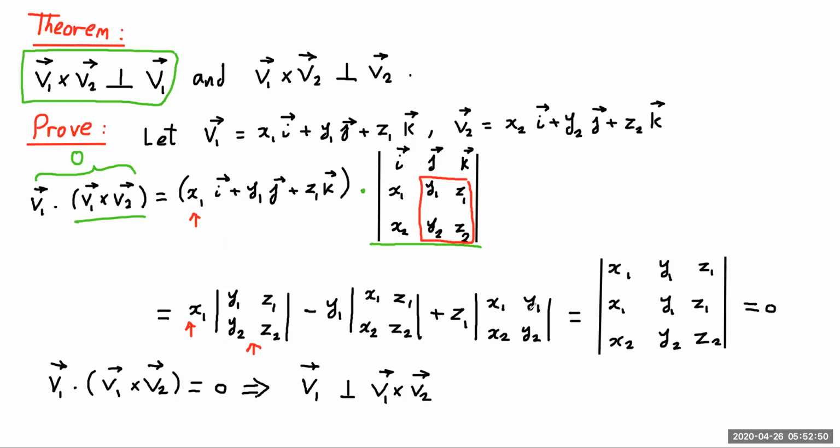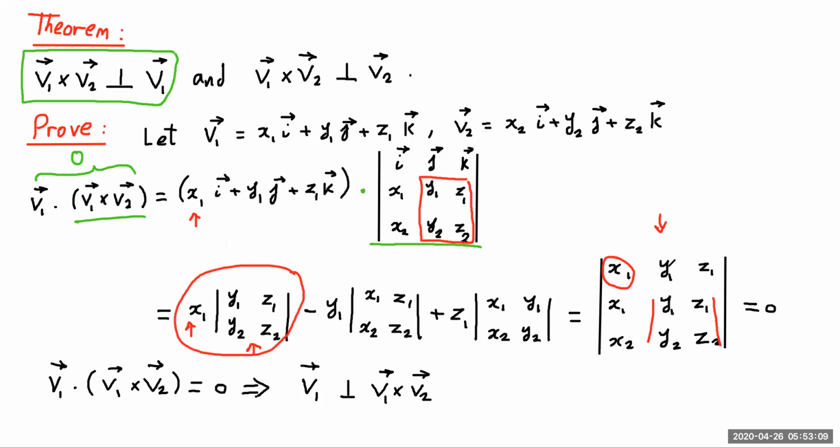We continue. After that, we can write this as a determinant like this. To verify why this is correct: if you calculate x1 times this determinant, it's this part here.